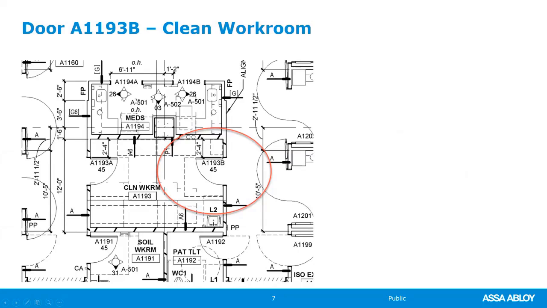There is a way to get around that in the specification set by giving the bidder an option based on the actual condition at the wall, and then they have to select. But all of the clean workrooms in this particular hospital were laid out the same way. That made it very handy. They could all go in the same hardware set. The other thing is the width of the door.